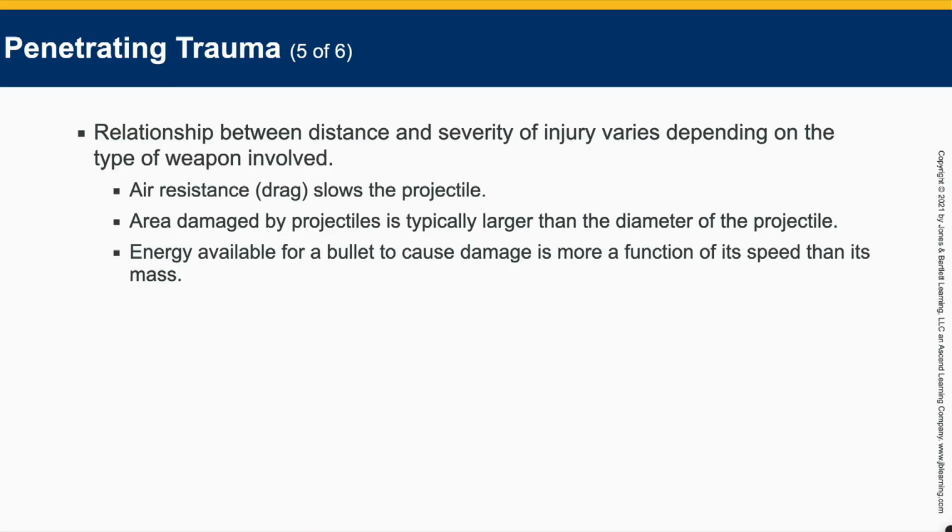That's because the energy being transferred into the body spreads outwards, especially with higher velocity projectiles. And most importantly, the energy that causes damage is much more related to the speed of the projectile than its mass. So higher speed projectiles are going to cause significantly more tissue damage, even if they're smaller.